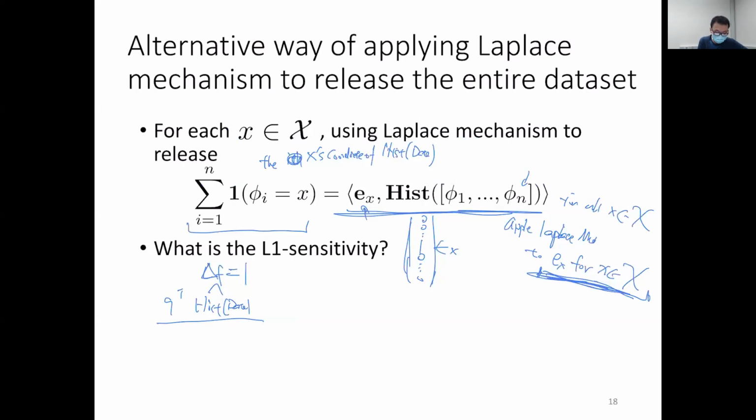So instead of a doubly exponential tail, now we have a singly exponential tail, and it can be shown that this way of outputting the query minus the actual data histogram.